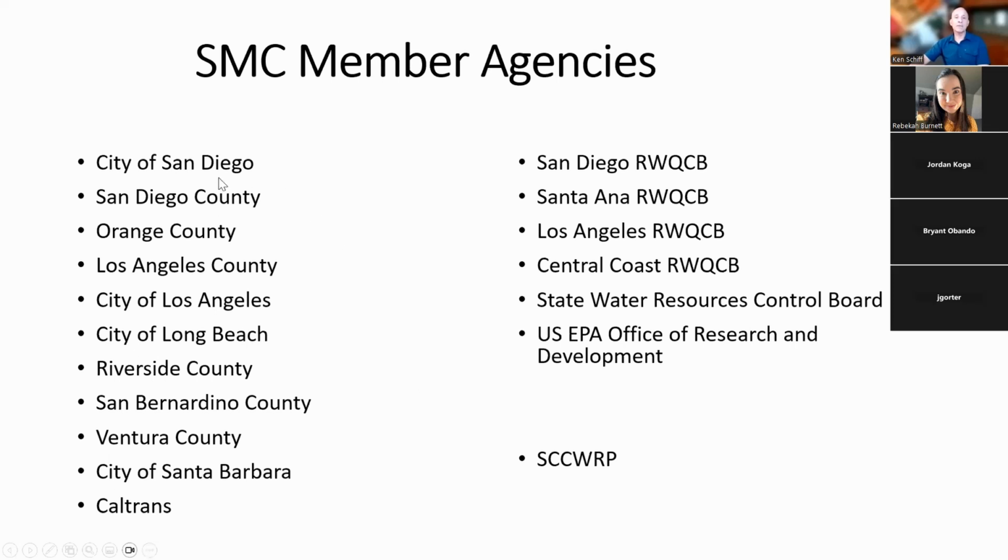Here on the left are the regulated municipal agencies and Caltrans, so there's 11 of those. And then the state and federal folks that regulate them. These are all members. And then our agency, we're kind of like the R&D arm of the group. These are the folks that have been around for over 2 decades now, tackling all kinds of challenges.